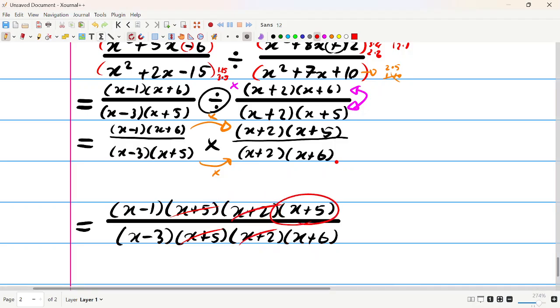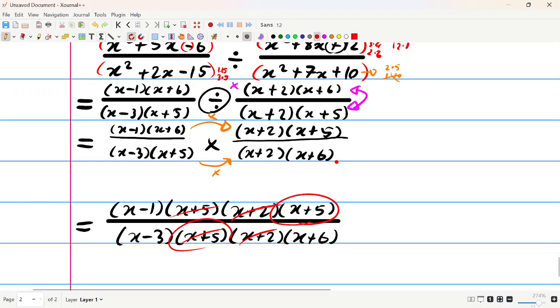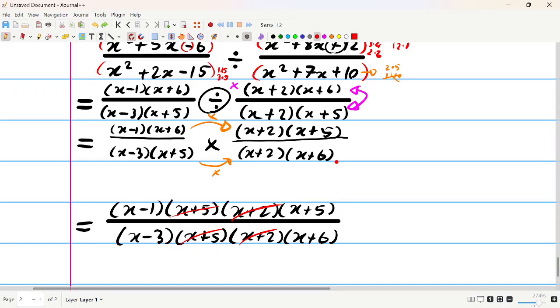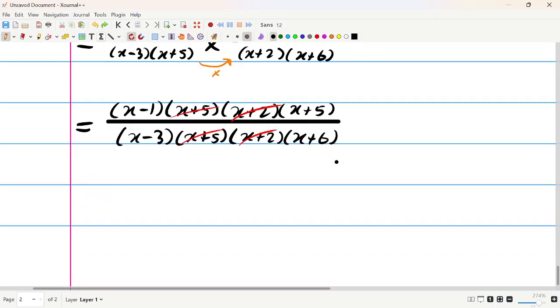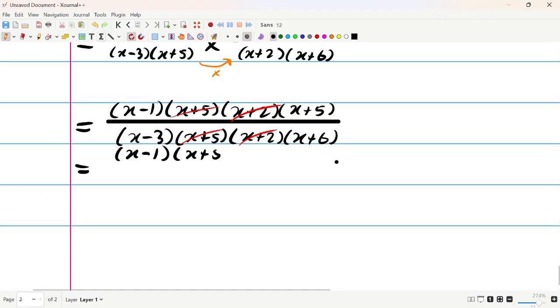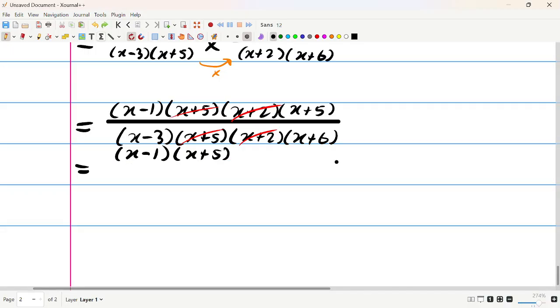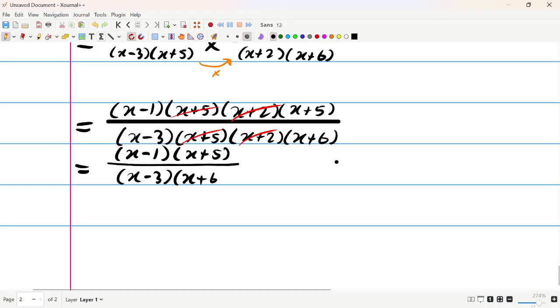And there's an x plus 5 over here as well. But clearly, we've already cancelled it out with something else. We already had x plus 5's cancel, so we can't do it again. Okay. So therefore, we're going to have x minus 1 multiplied by x plus 5, which we are remaining with. And therefore, it is over x minus 3 multiplied by x plus 6.